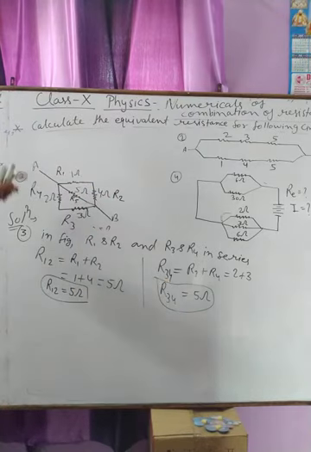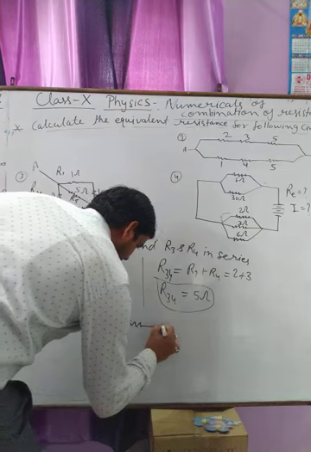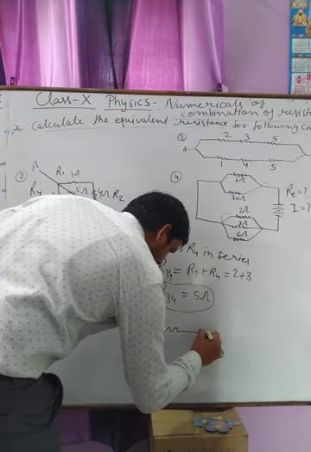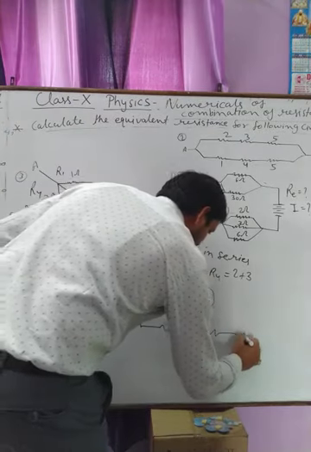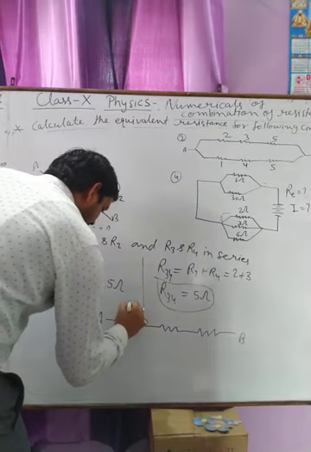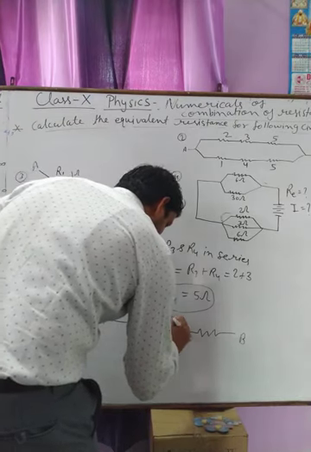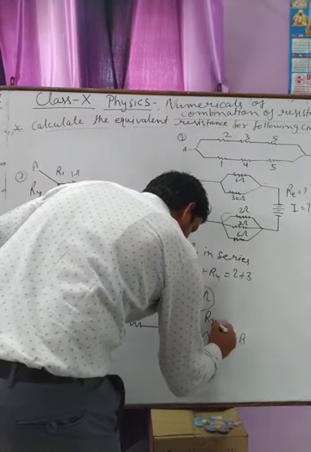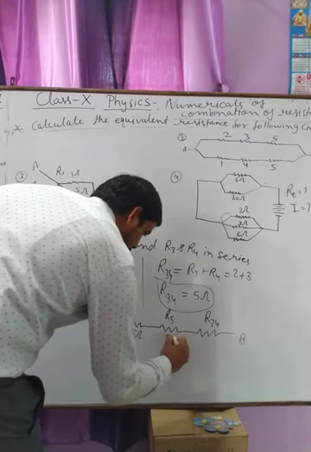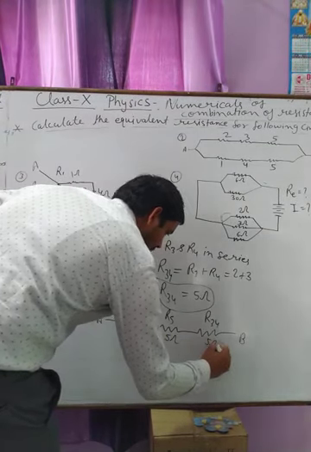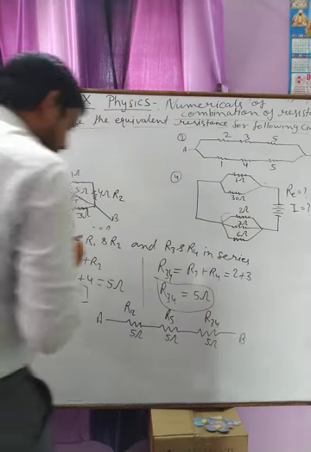Now after solving these two, we get this circuit reduced to a simple circuit from A to B. That is, this is R12, this is R5, and this is R34. This value is 5 ohm, this is also 5 ohm, and this is also 5 ohm. One minute, student.